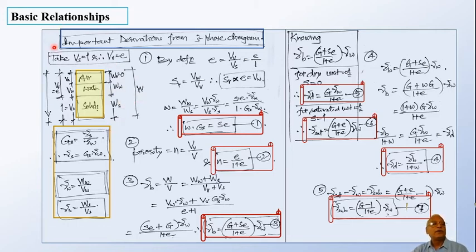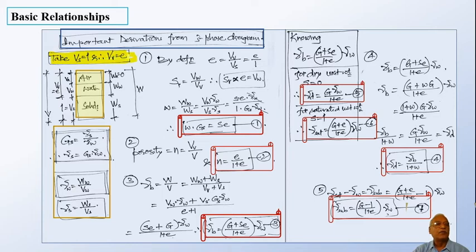Now to develop basic relationships in soil mechanics, the important derivation for the three-phase diagram, the most important thing is this: you have to put volume of solids as 1.